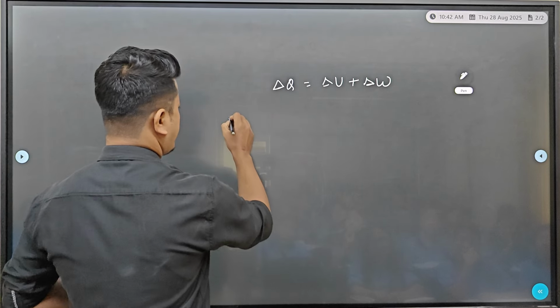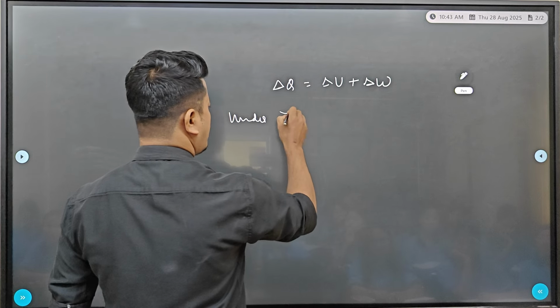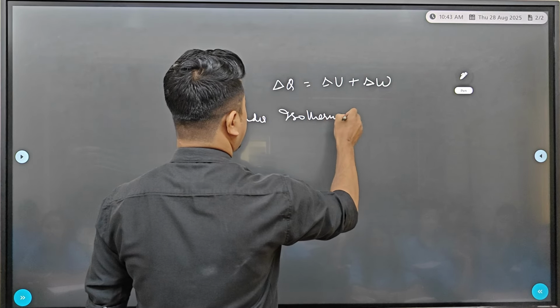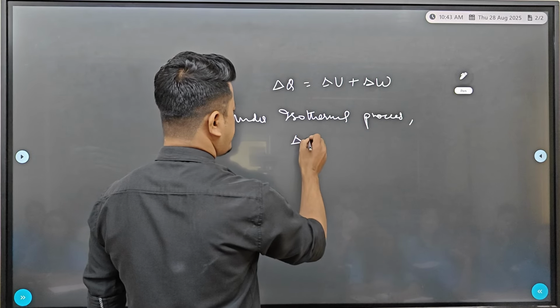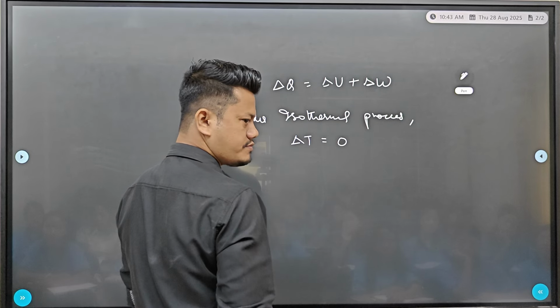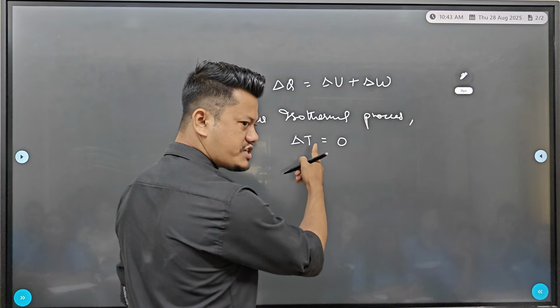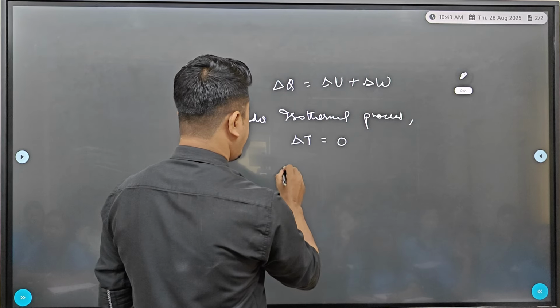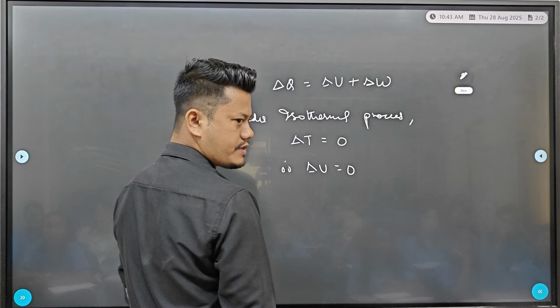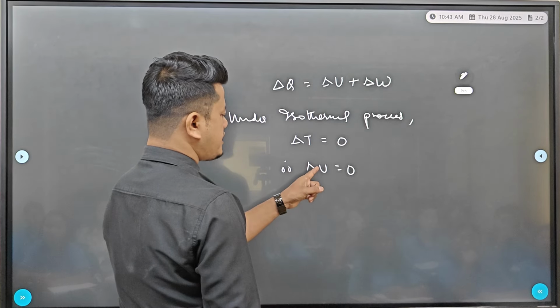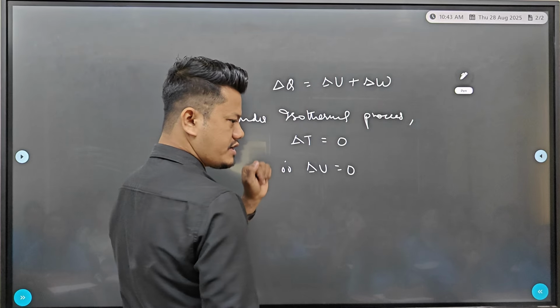Now, under isothermal process, what we have got? The change in temperature is 0. Therefore, del U needs to be 0 or not? Because change in internal energy depends on change in temperature, right?